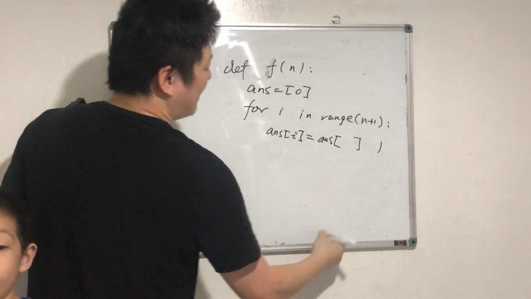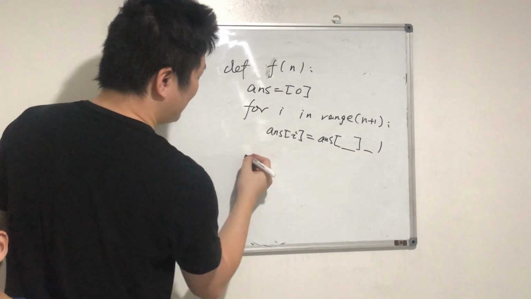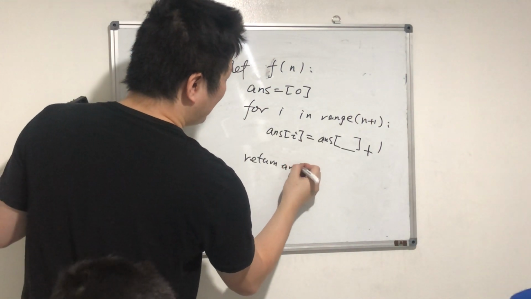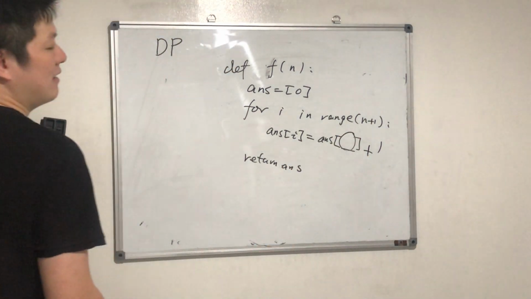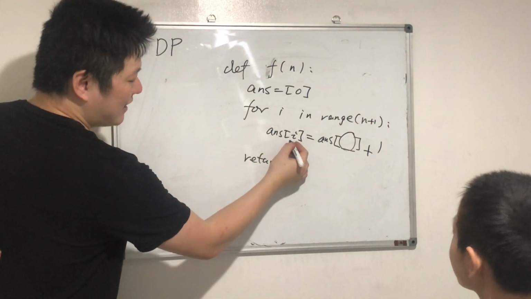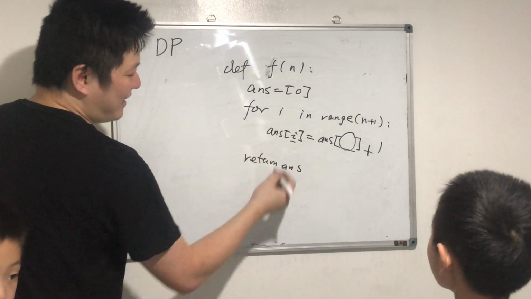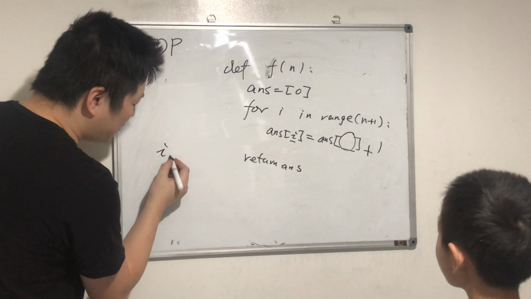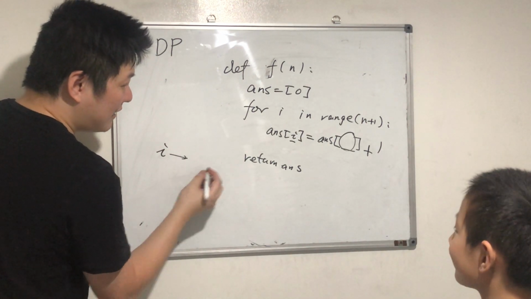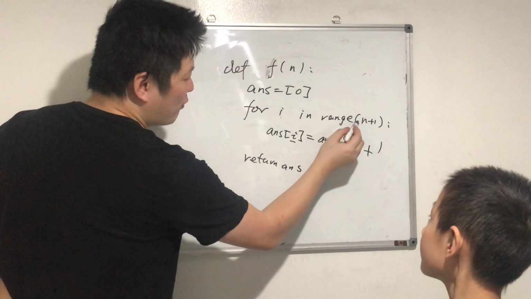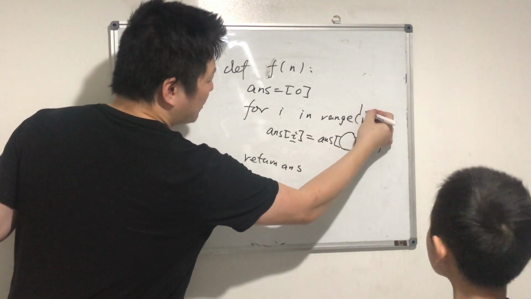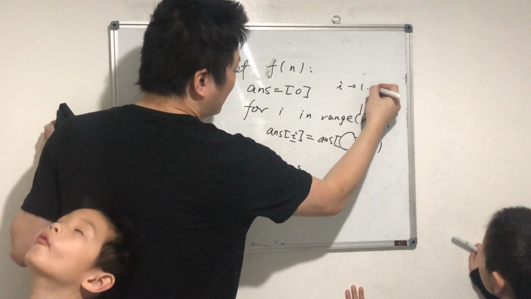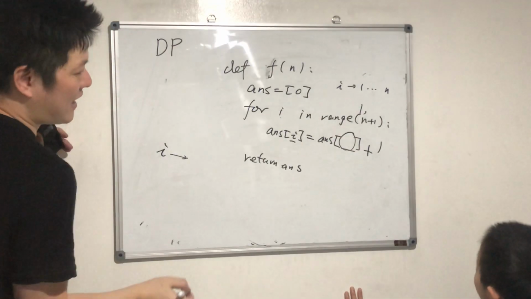And I can return answer here, plus this bit. This is n, this is i. There's no n here, this is i. Actually, this is from 1 to n plus 1, so i will be from 1 to n, right?